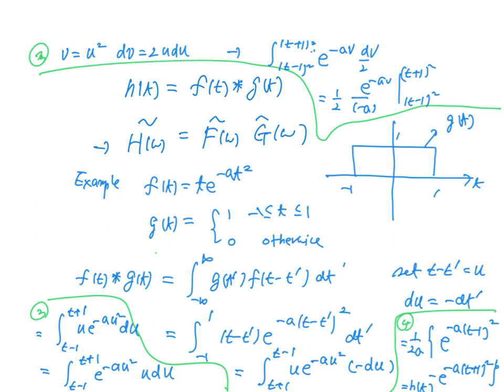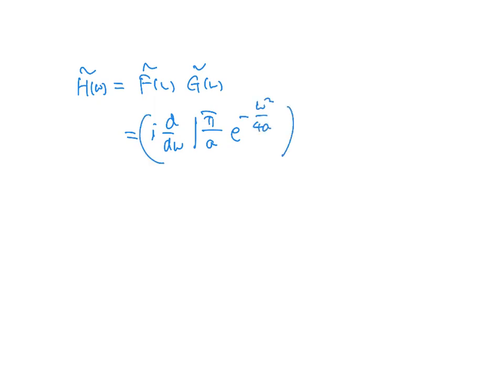However, the Fourier transform is easy, right? The Fourier transform h tilde of omega, according to what we have, is the Gaussian transform, root(a/pi) e^{-ω²/4a}, times 2 sin(ω)/ω.